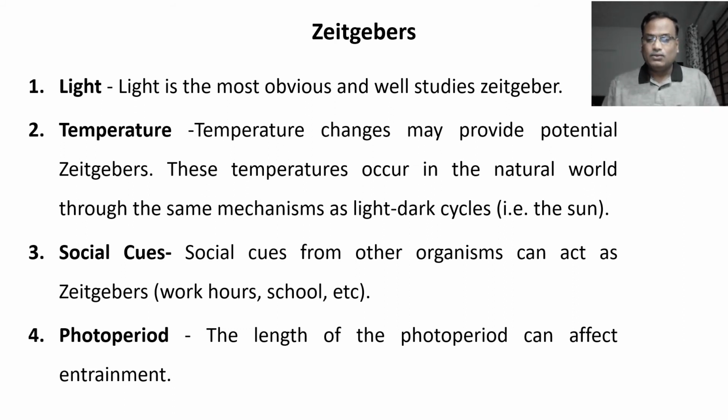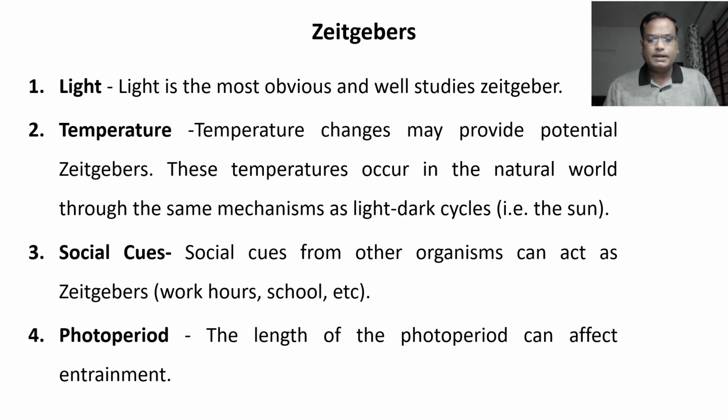All right. So it must get entrained somehow. It must get entrained for smooth going on. Otherwise, it will lead to some conflict and other things. So that is the importance of entrainment and gatekeepers. Photo period, the length of the photo period, can affect the entrainment. Photo period means the length of the light during the day.